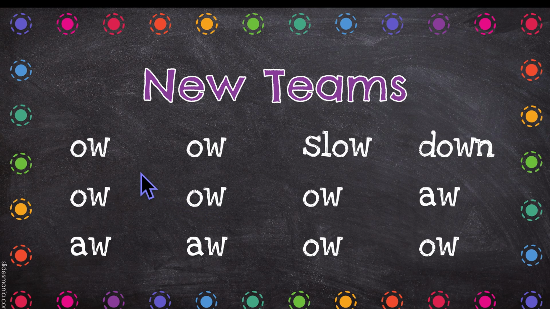Here are our new teams for today. This one has two sounds. O, ow. The way you can remember both of them is to remember the phrase slow down. O, ow. Slow down. Do you remember the two sounds? O, ow.